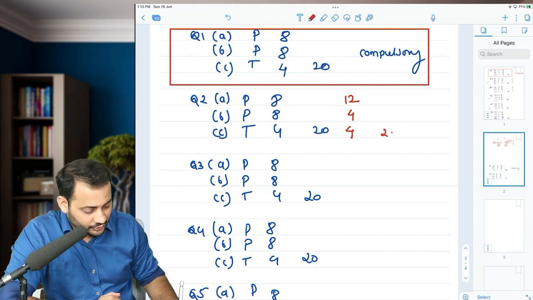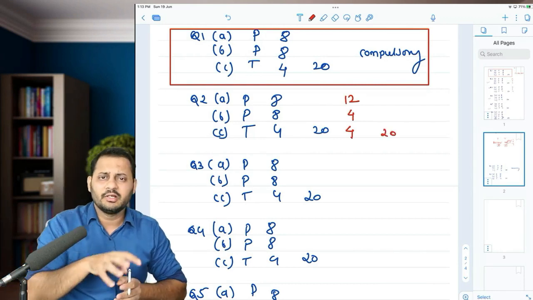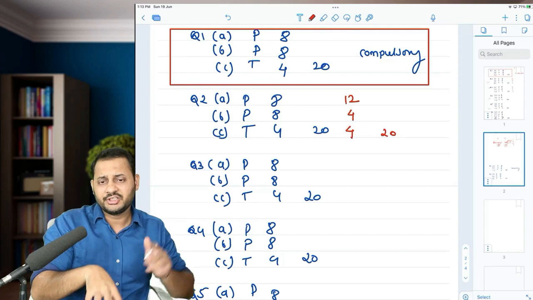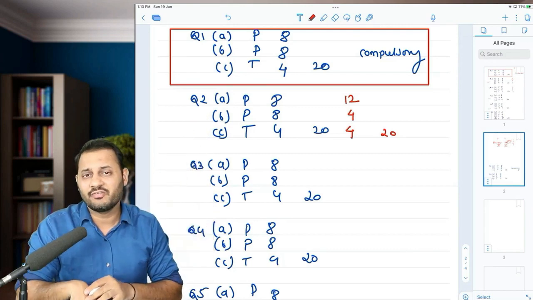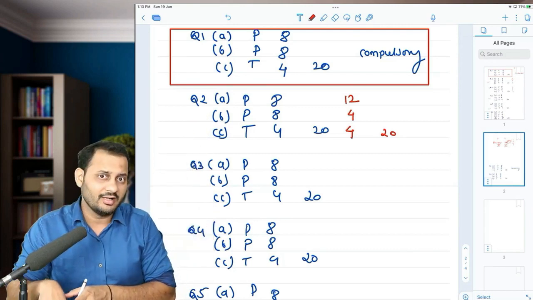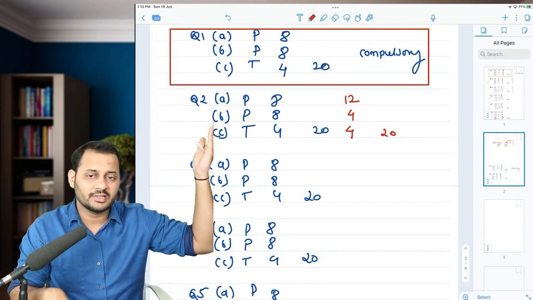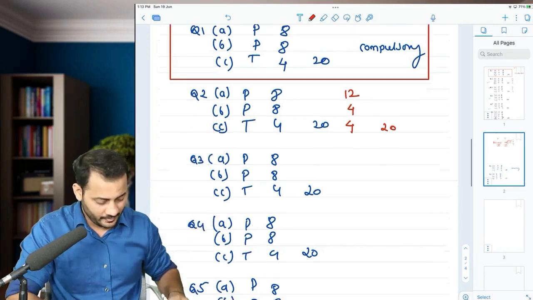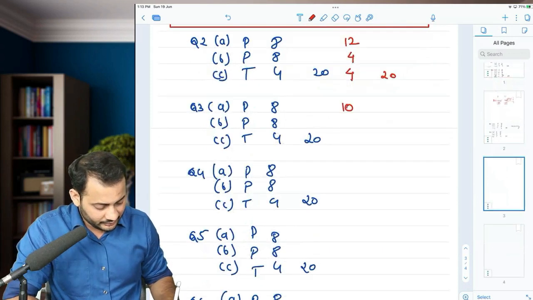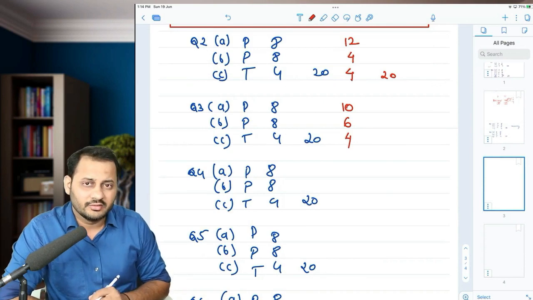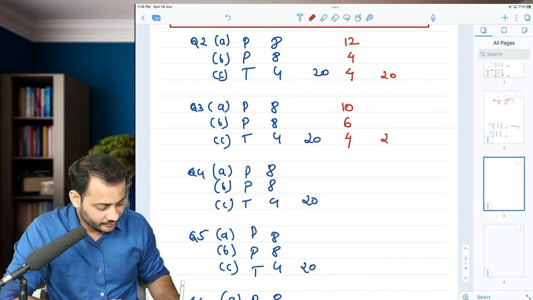So it again goes to 20 marks. If there is one big question for which 8 marks is insufficient, it will be awarded a little higher marks, let's say 10 or 12, and then the second question will be asked for 4 marks only. It may also happen that the first question is 10 marks, then the second question is 6, and then the third one is of 4 marks, again contributing to 20.